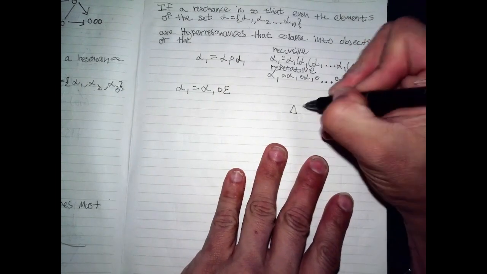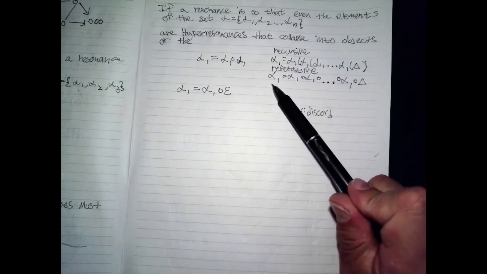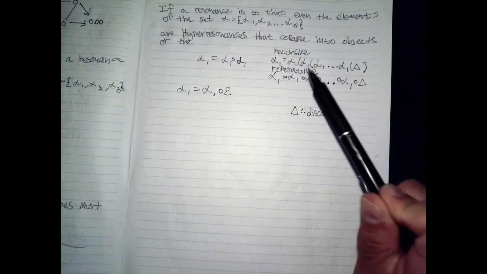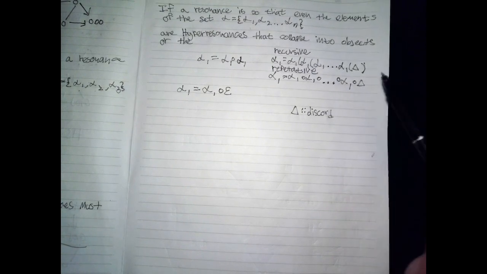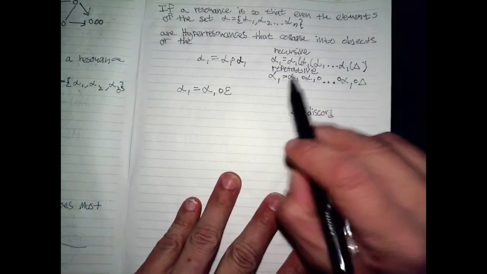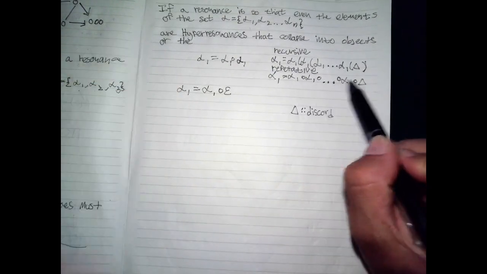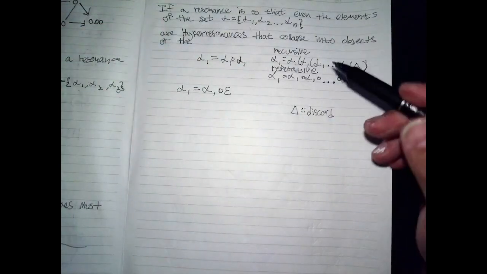Again, delta are of type discord. Or I have repetitive where A sub 1 equals A sub 1, then we operate on A sub 1, then we operate on A sub 1, and then we finally operate on some delta. And I imagine this can have any ordering as the base assumption to cover the most possibilities.